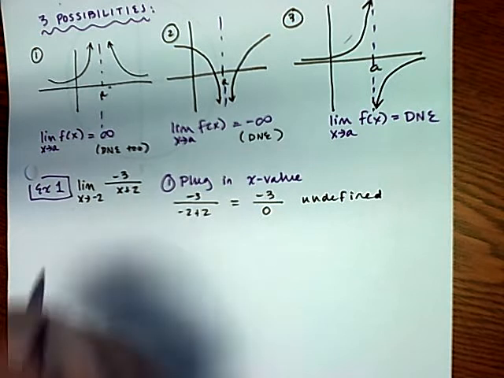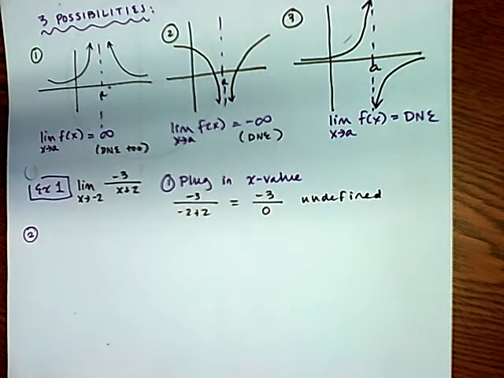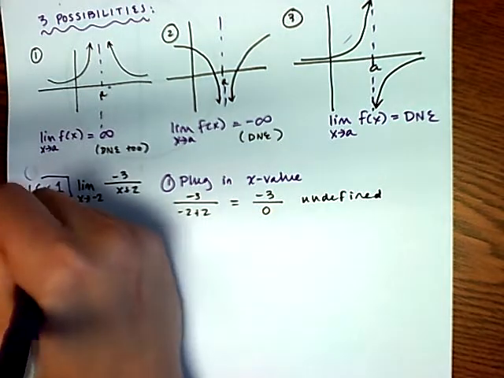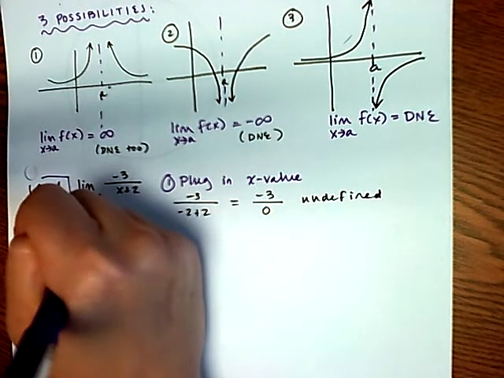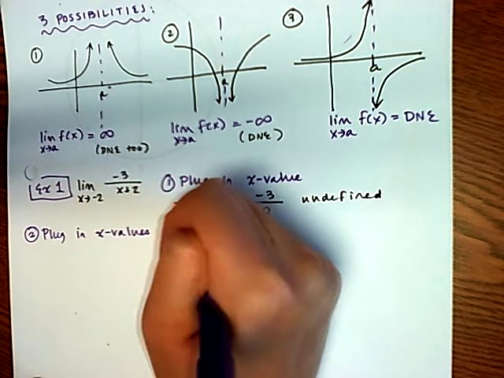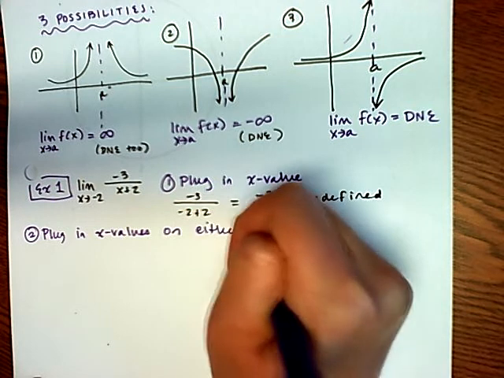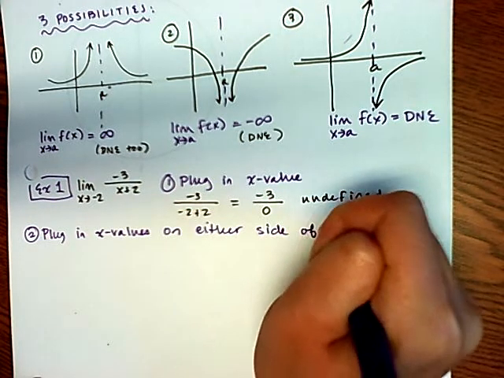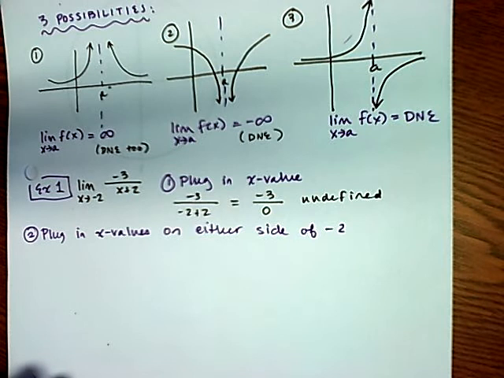The next thing we do is plug in an x value on either side of -2. What are good x values to plug in?